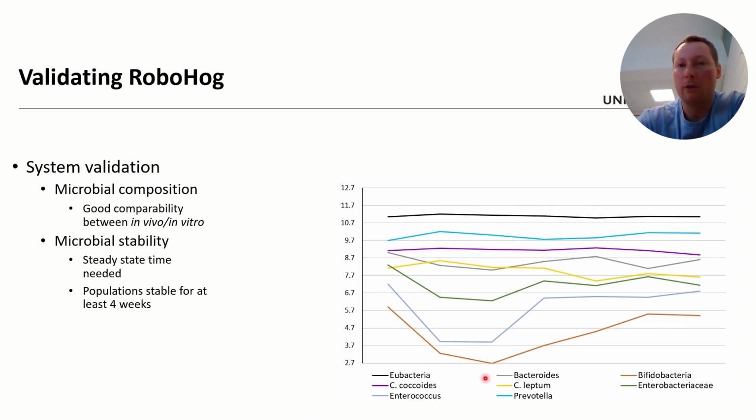The microbial populations take a little bit of time to stabilize, and when we think about it, this is a continuous model, so we're continuously getting nutritional mixes. And so what we see is an increase in some species and a decrease in others, but over time these stabilize, and when they do stabilize, just like the 16S data that I showed you before, they stabilize very similar to the input slurry, but also they're very stable in the model.